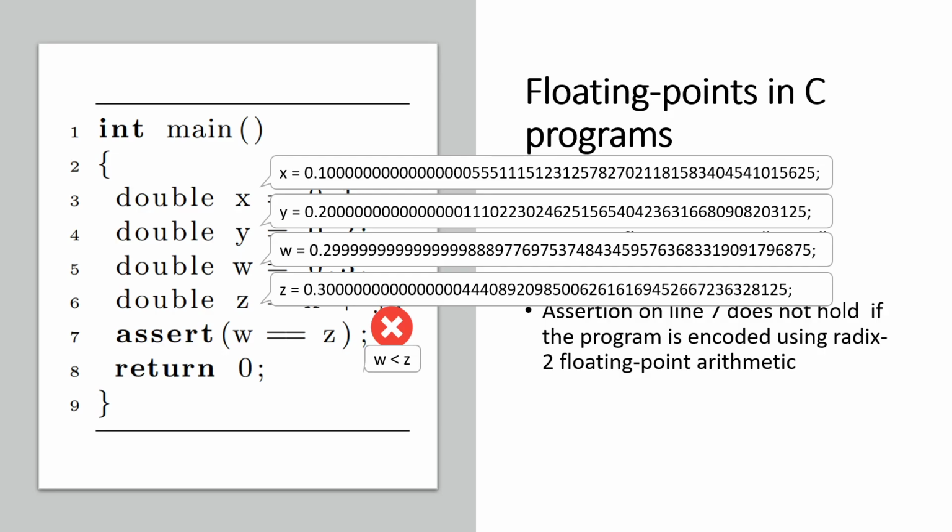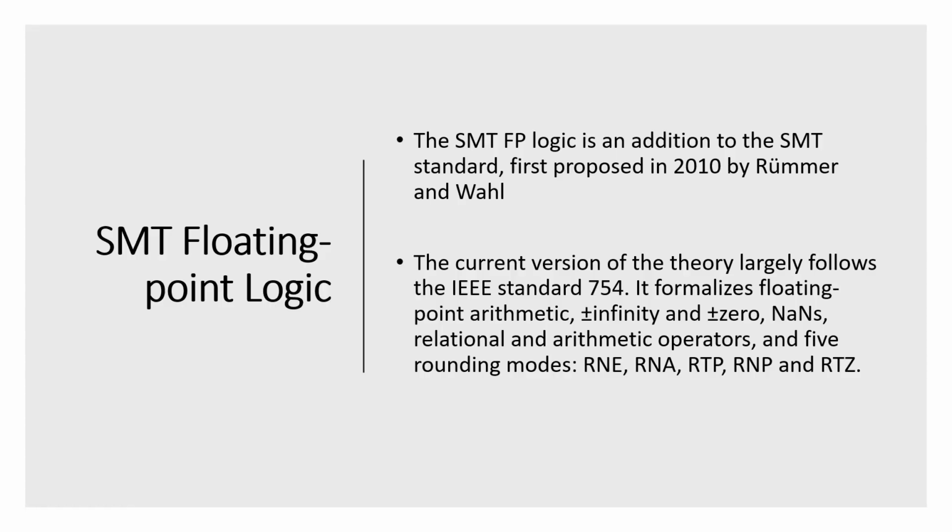The new floating point API works by converting all floating point types and operations to bit vectors, a process called bitblasting, thus extending the support for floating point arithmetic to any solver that supports bit vector arithmetic. The SMT-FP logic is an addition to the SMT standard first proposed by Rümmer and Wahl in 2010.